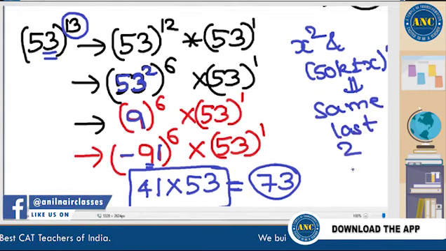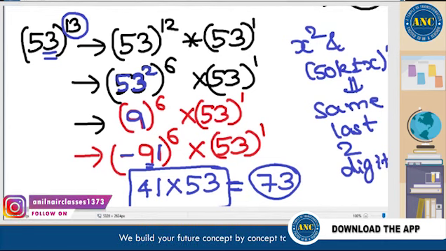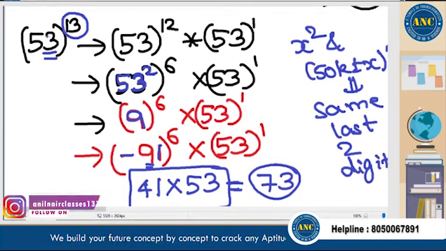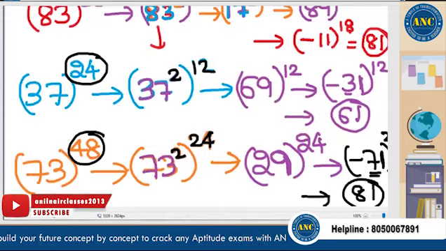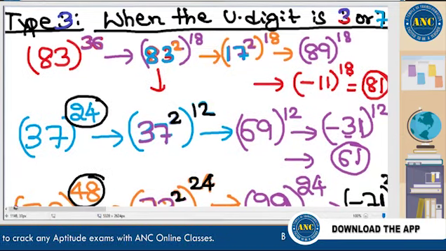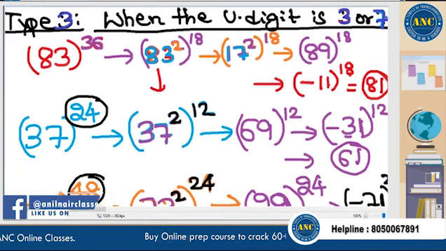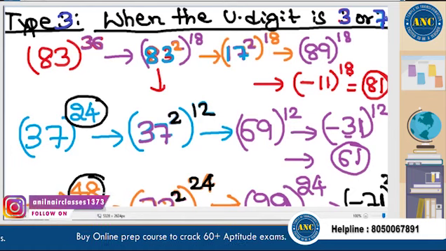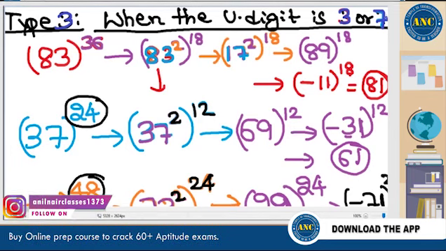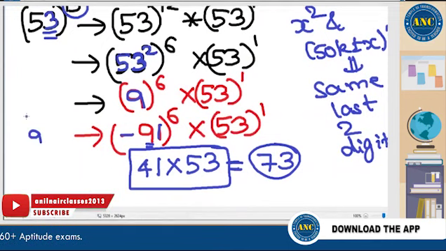Now, Ramya, you are asking about the base's last digit being even. See here, a base with an even last digit is not this type. My type 3 is nothing but a base ending with 3 or 7. That is what we are discussing here. That means in type 2, I came with the unit digit 9. In type 1 it is 1.